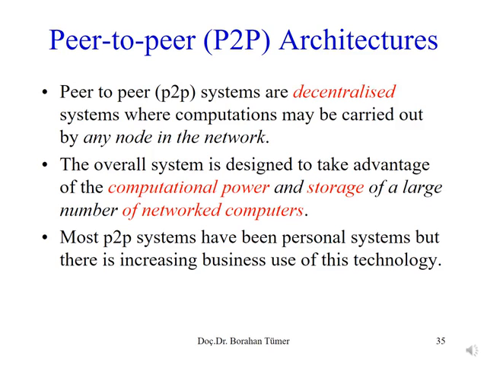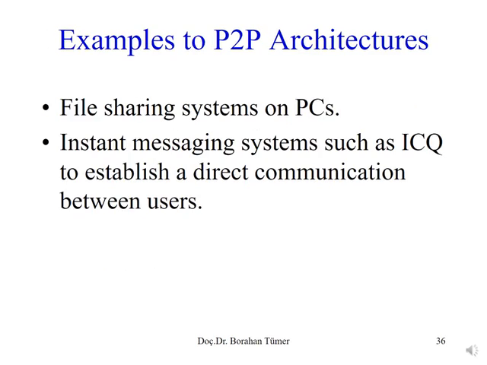The overall system is designed to take advantage of the computational power and storage of a large number of networked computers. Most peer-to-peer systems have been personal systems but there is increasing business use of this technology. Some examples of peer-to-peer architectures are file sharing systems on PCs, and instant messaging systems such as ICQ to establish a direct communication between users.